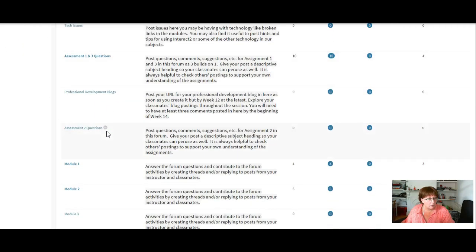Okay, no one's in there. Someone's got to get in there and be the first one. You need to post your URL for your blog in there because that's what the first assessment is based on. So by the 29th of March, we'll need to see that you've put together a blog and that you have your first post in there, and that is your first assessment done.